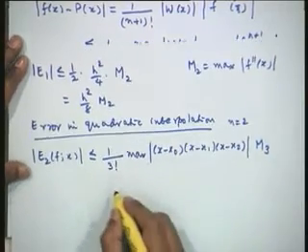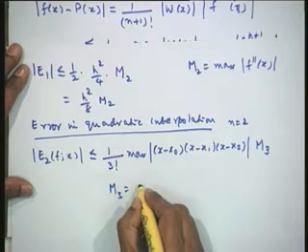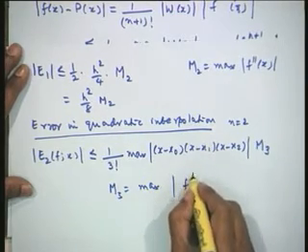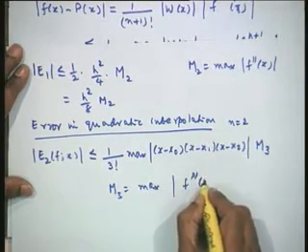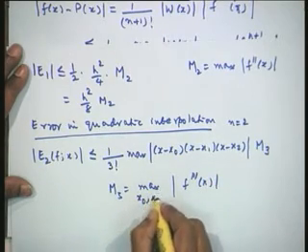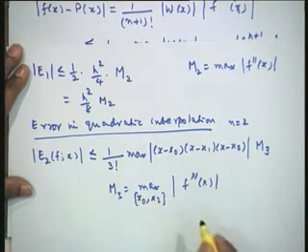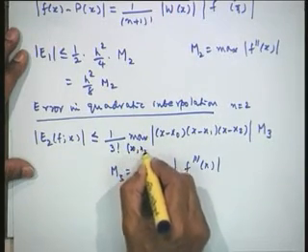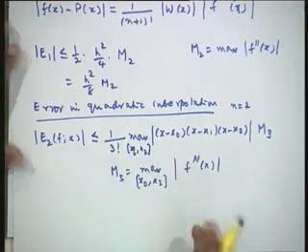I will write M3 where M3 is the maximum of f triple dash x in the interval x naught x 2. In the interval we are talking of only x naught x 2.